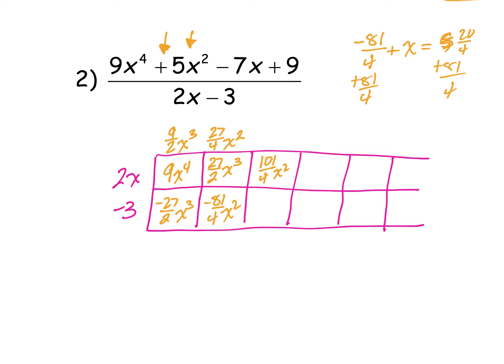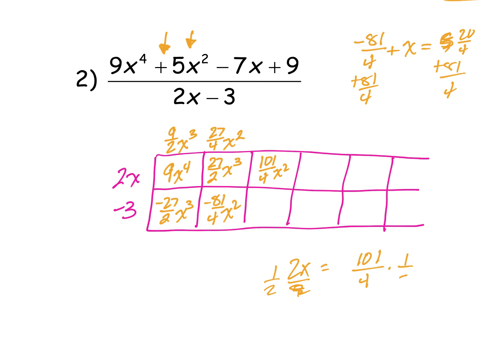So now what do I multiply 2 by to get 101 fourths? 2 times what number equals 101 fourths? Divide by 2 or multiply by 1/2, it's the same thing.